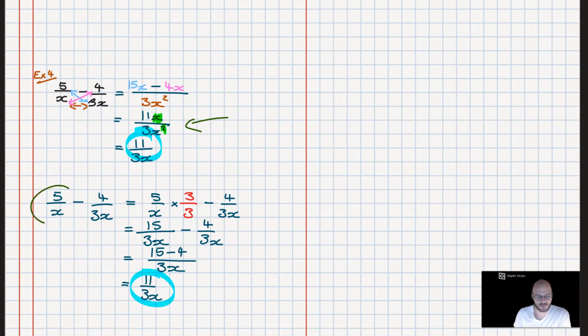So we look at the first one here, and we simply multiply both upstairs and downstairs by 3, and thus we end up with a similar denominator as seen over here. So there's fewer calculations in the second method. Again, it's up to you which method you want to do and which one you feel more comfortable with. When you become more proficient, you'll probably find that you opt for the second one because it's more direct.